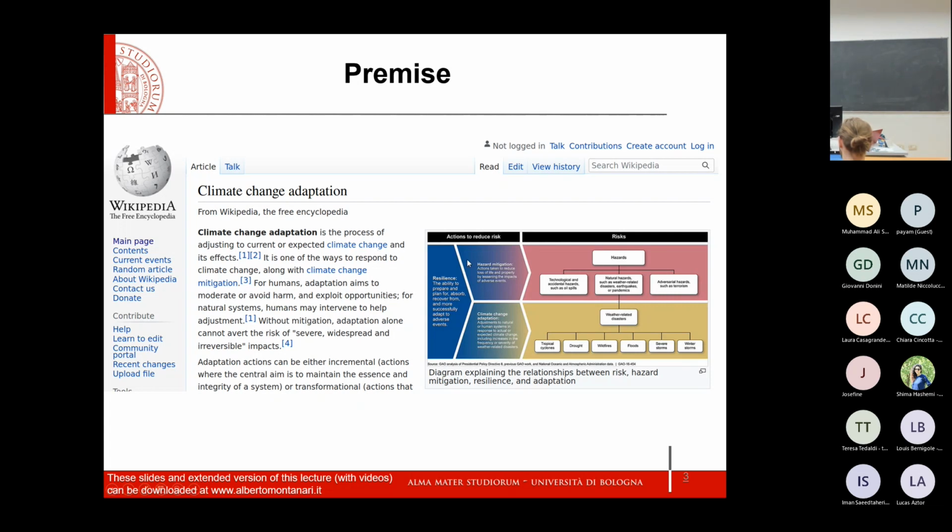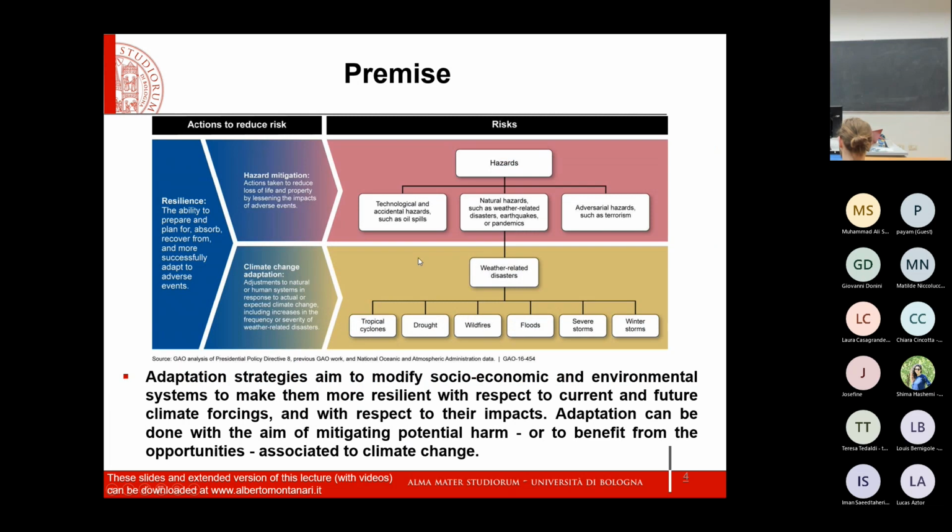So let me focus on the figure that you see here, taken from Wikipedia. The scope of climate change adaptation and also mitigation is to increase resilience. This is another buzzword that you have heard several times. Resilience with respect to the considered impact. What is resilience? It is the ability to prepare and plan for, absorb, recover from, and more successfully adapt to adverse events.